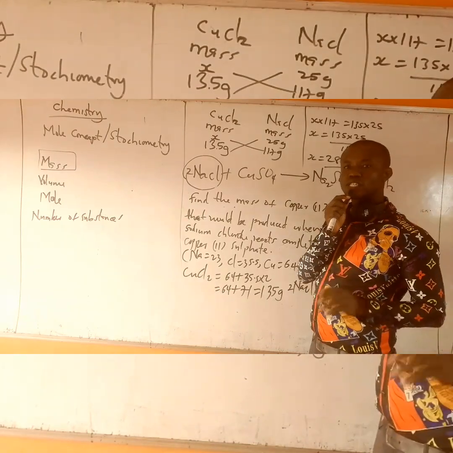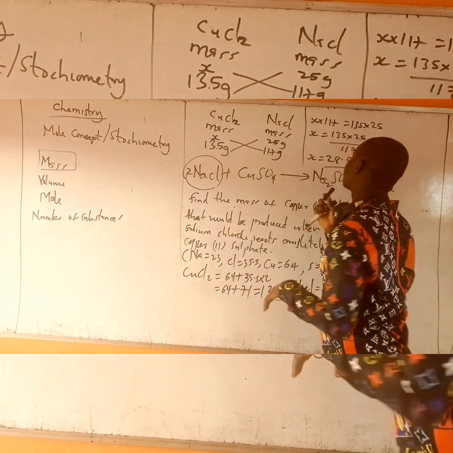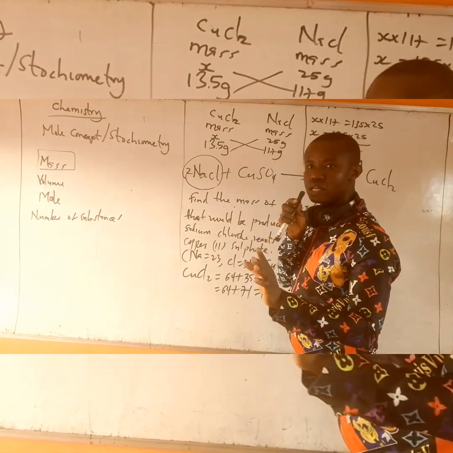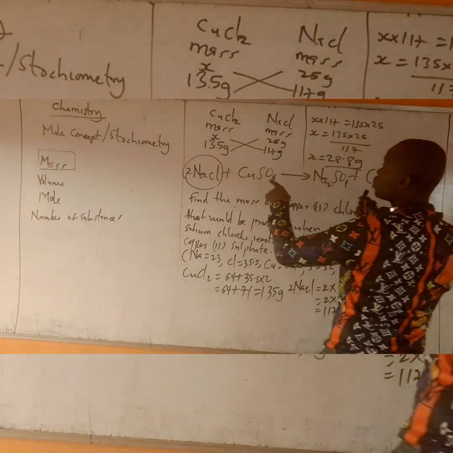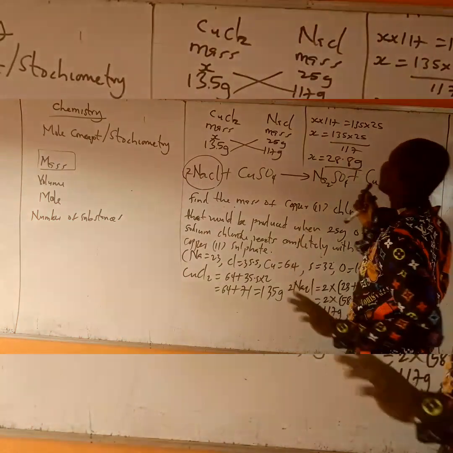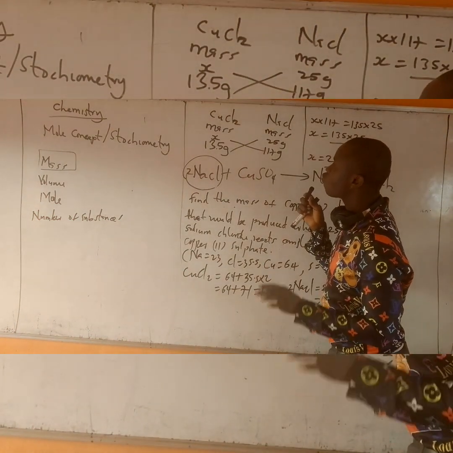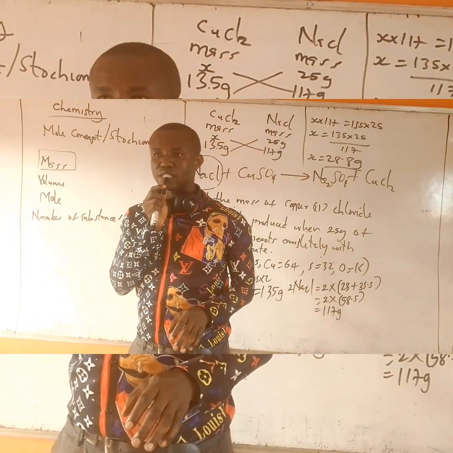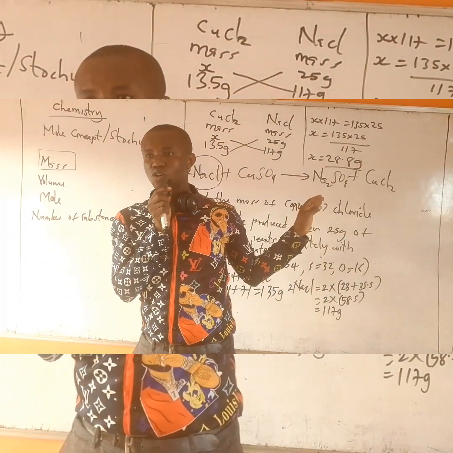Now, what does this mean? It simply means that if 25 gram of NaCl reacts completely with copper 2 sulfate, 28.8 gram of copper 2 chloride will be produced. Do you understand? But is this how to present it in your chemistry?